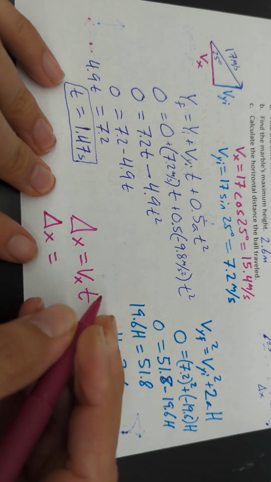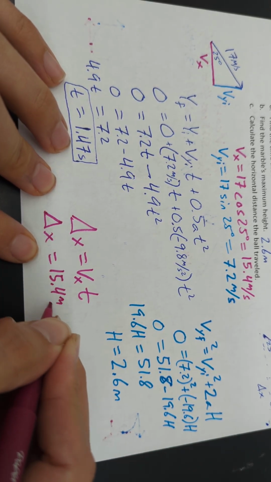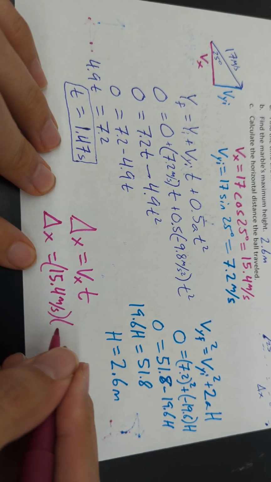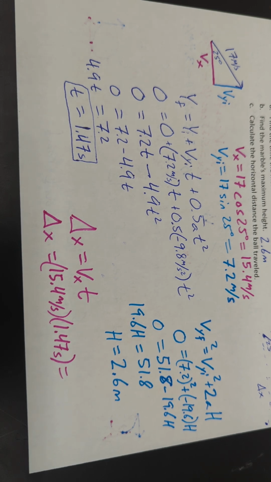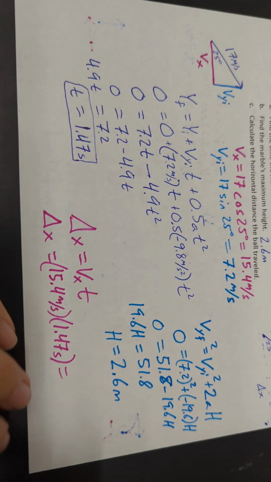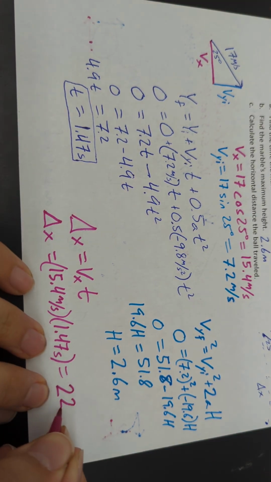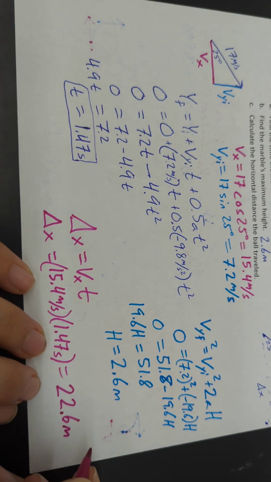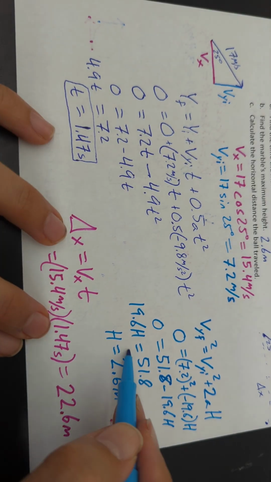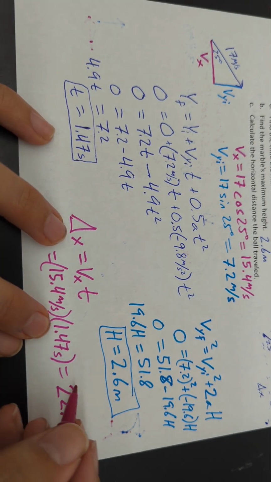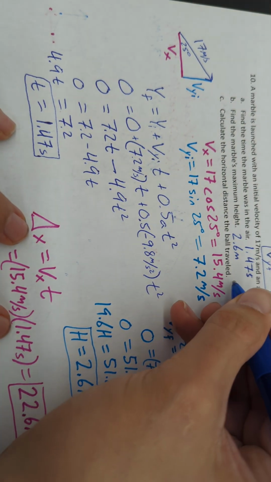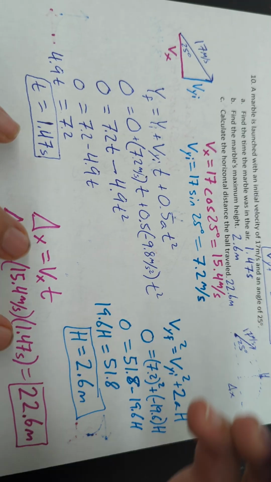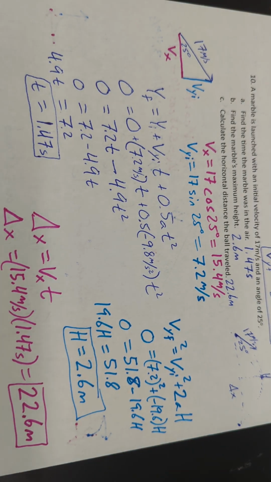So delta x equals 15.4 meters per second times 1.47 seconds, about 22.6 meters. Let's box both of these to make it look nice. We'll write that up here: 22.6 meters. All right, so that's it for this video. We just had 2 projectile questions.